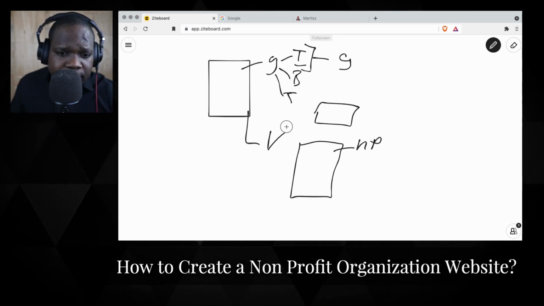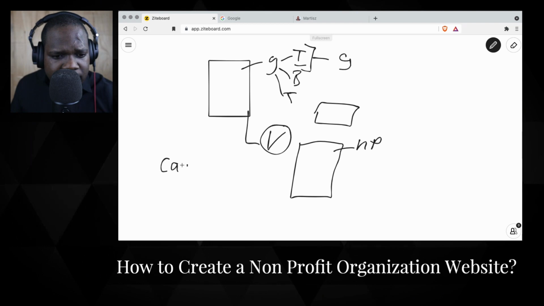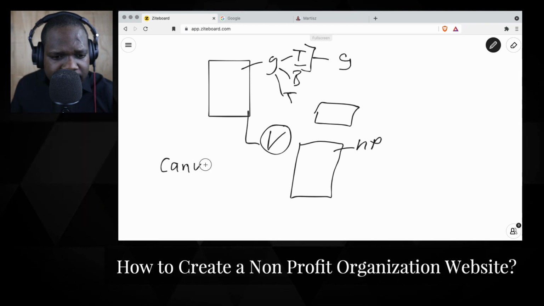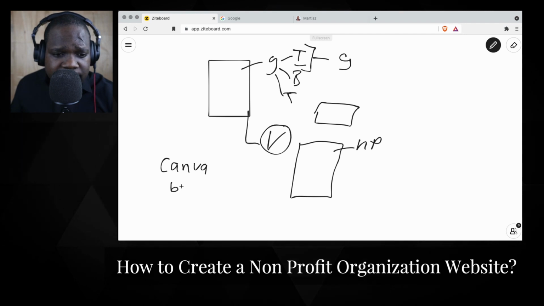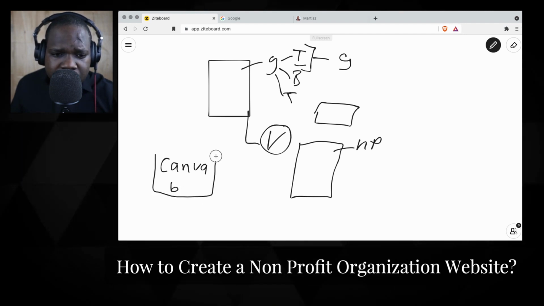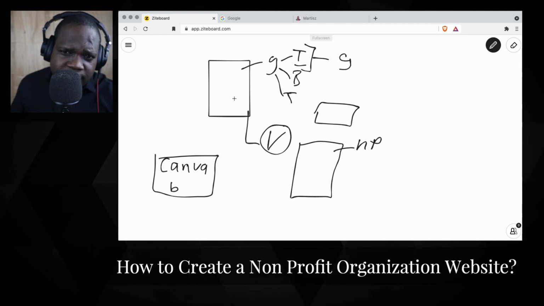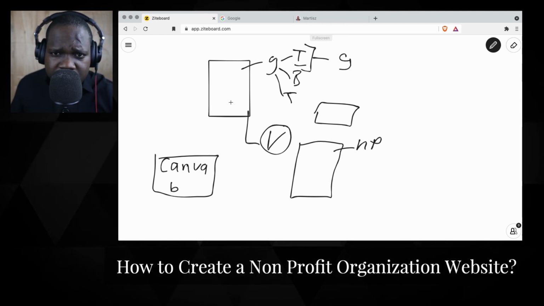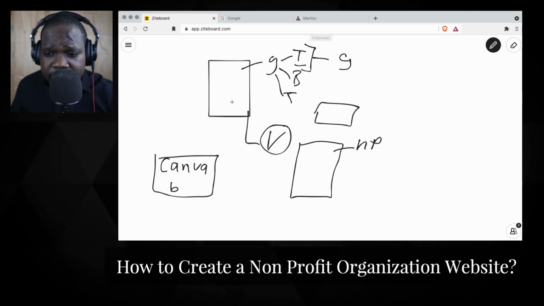Same applies for, let's say, Canva. Canva is also a website. If you're starting out and you can prove that you're a non-profit organization, you have certain benefits. So a lot of online companies like Zoom or Google give you certain benefits when you're a non-profit organization.